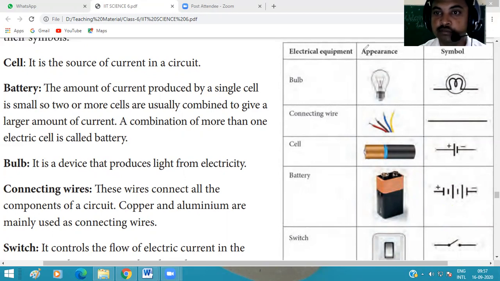The same charges or same terminals are not connected to each other because they inhibit the flow of current.